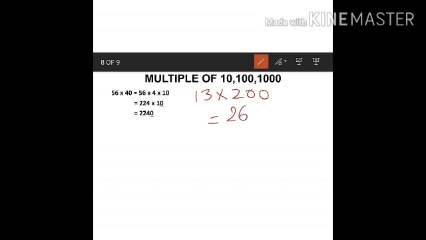Now, how many zeros are there for 200? Okay, there are 2 zeros. Now, insert those 2 zeros to the right of 26. So that we get the answer as 2600. 13 into 200, it will be 2600.